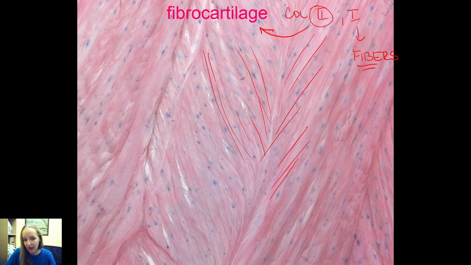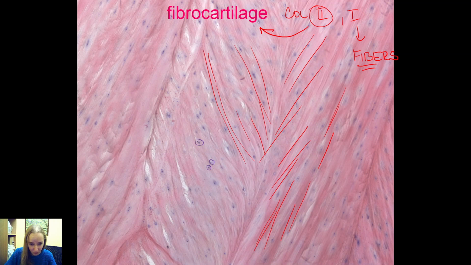and we can see that between these highly eosinophilic fibers, very big fibers here, they are collagen type 1 fibers, I can tell you that. So between them, we can see these cells right here, small cells, spherical, alone.